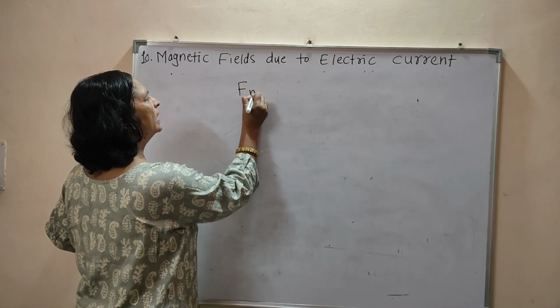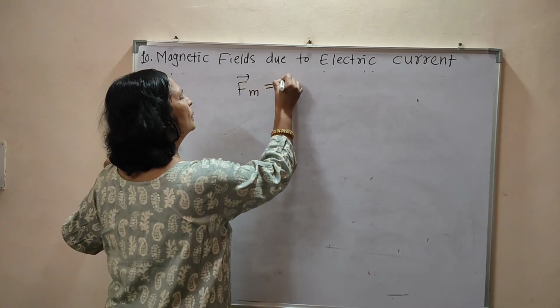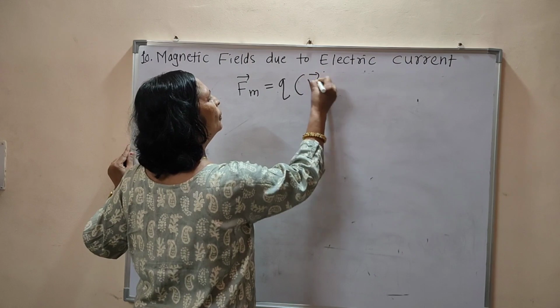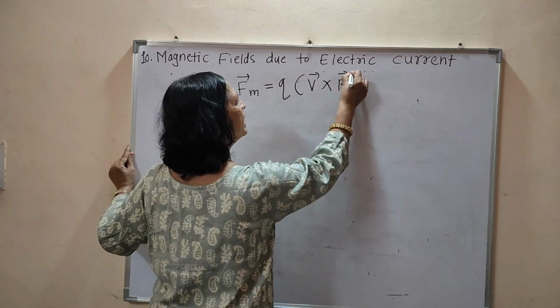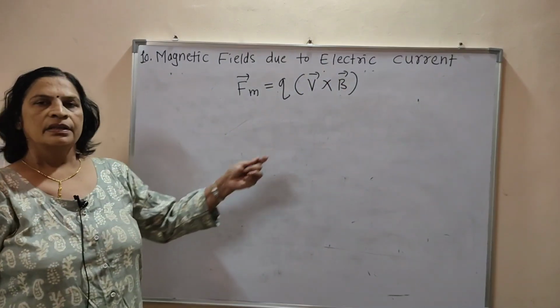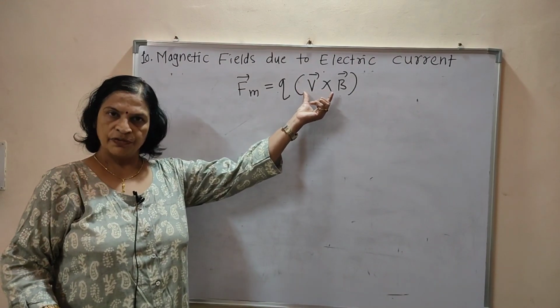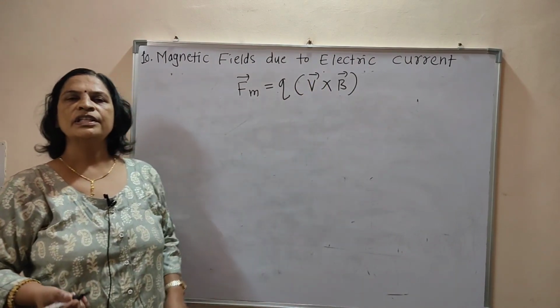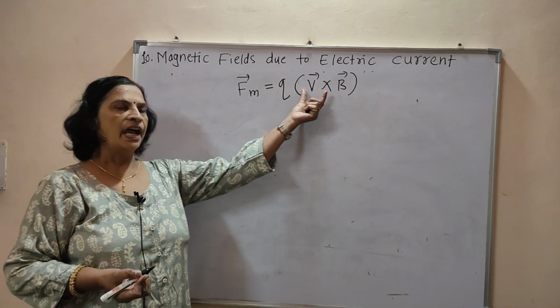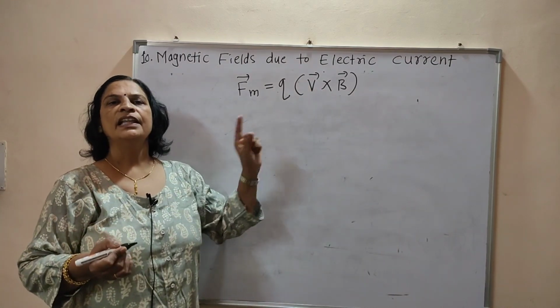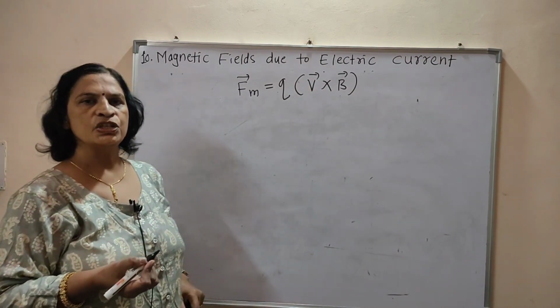The magnetic force is given by the formula Q into vector V cross B. This means V and B, the velocity of a charge and the magnetic field, make some angle with each other.